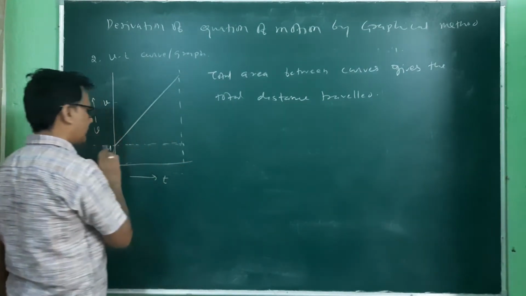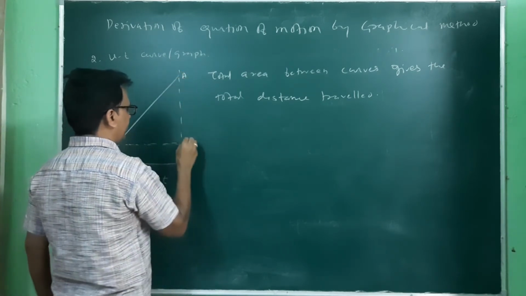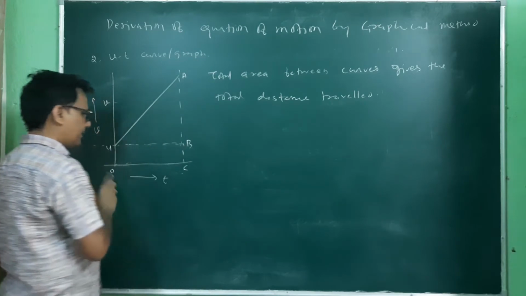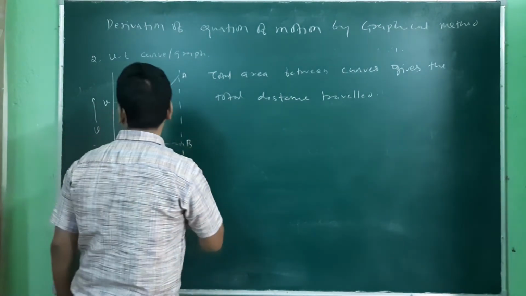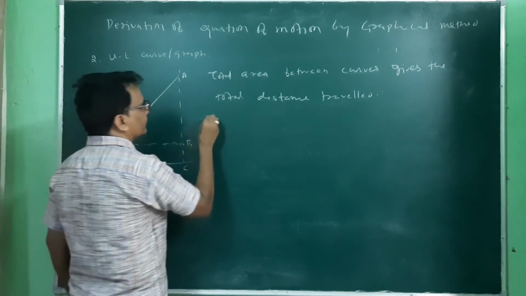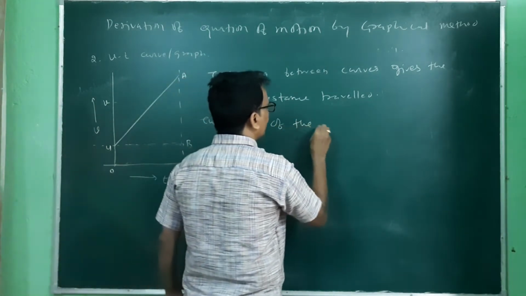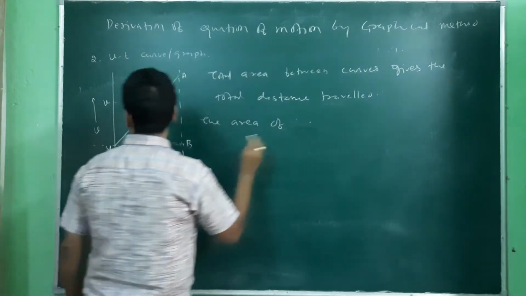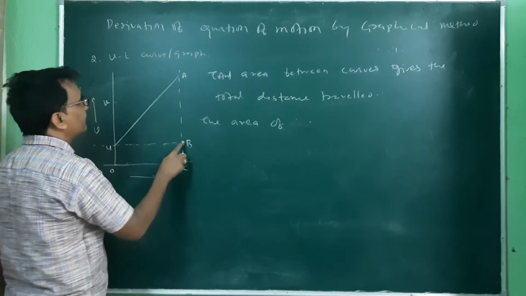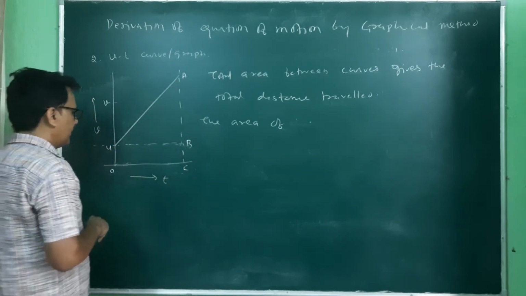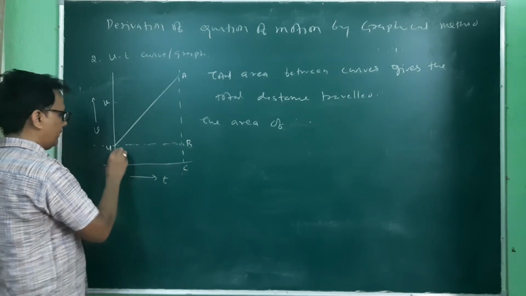So this is A, B, C, that is all. So the area of O, C, B, A, D, whatever name you can give.